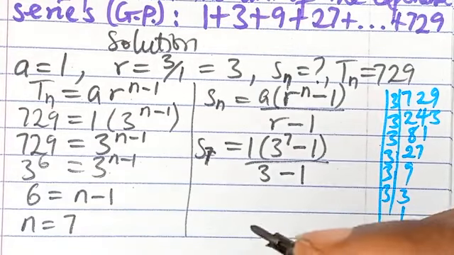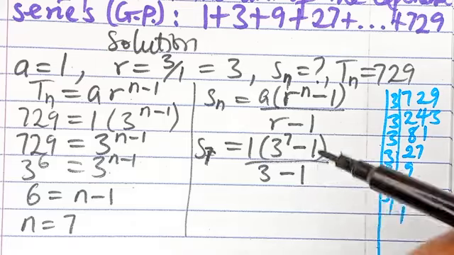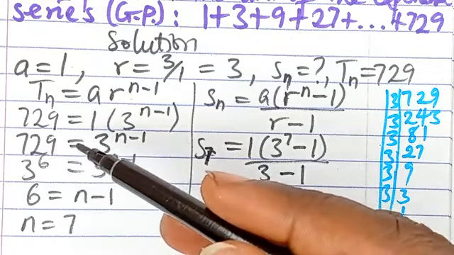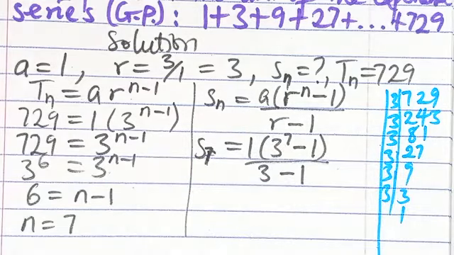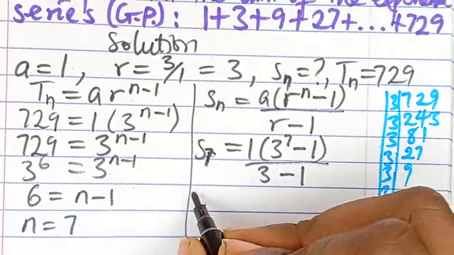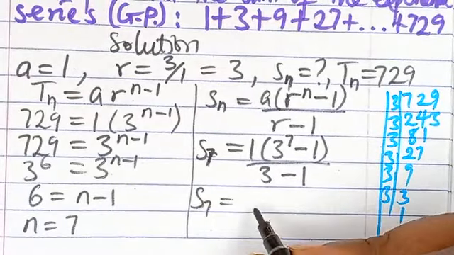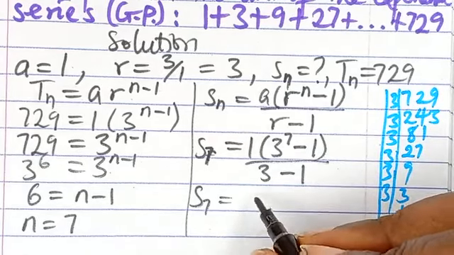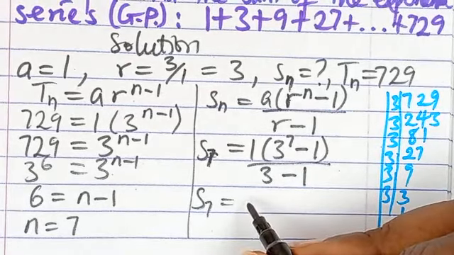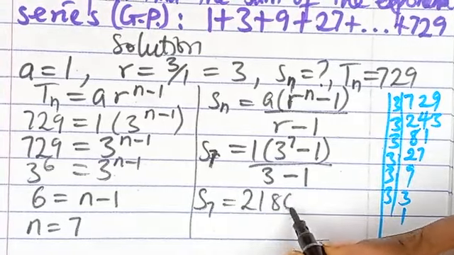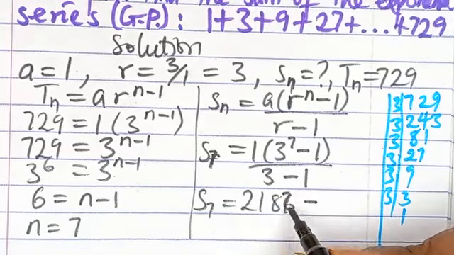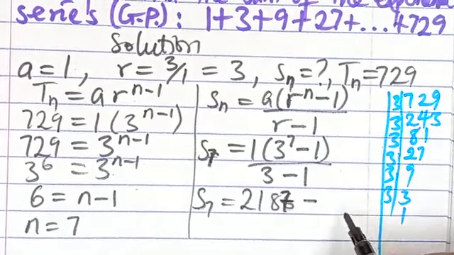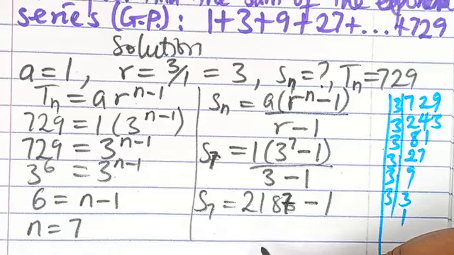Okay, so previously we saw that 3 raised to power 6 is 729. So 3 raised to power 7 is actually 729 times 3. So all this is equal to, sum to the 7th term is equal to 1 multiplied by anything is that thing. So 729 times 3 is actually 2187 minus 1. 3 minus 1 is equal to 2.